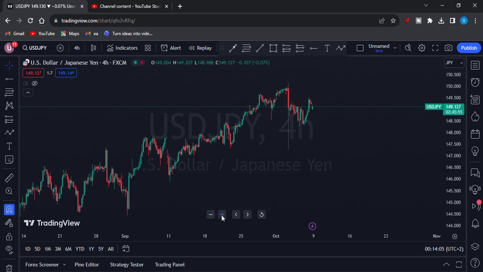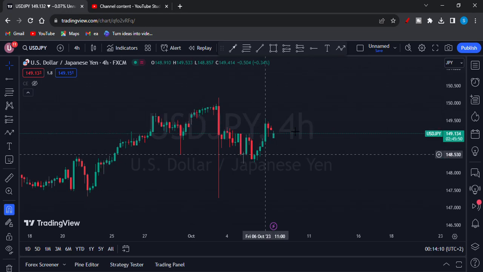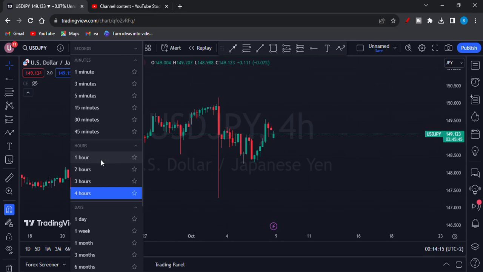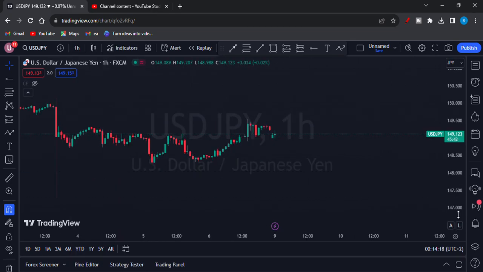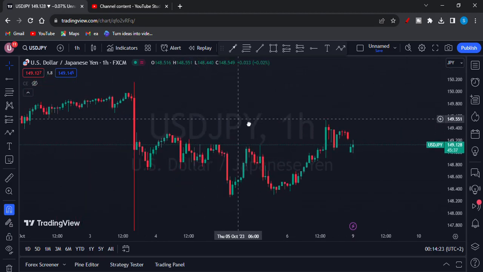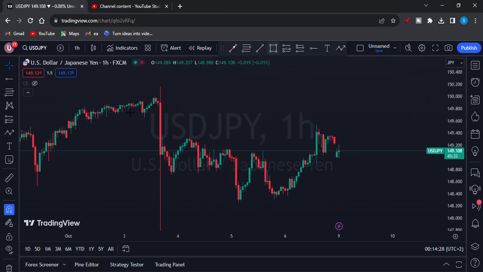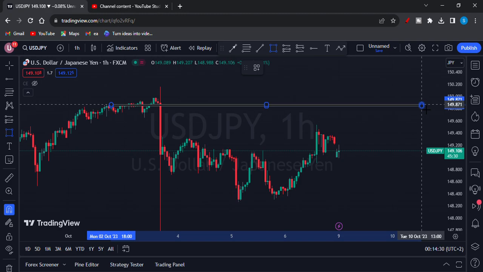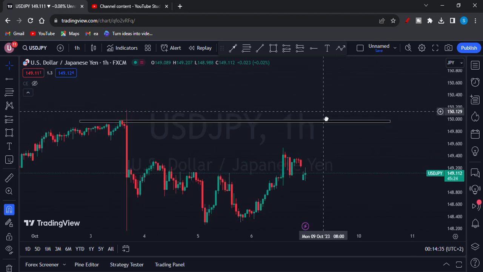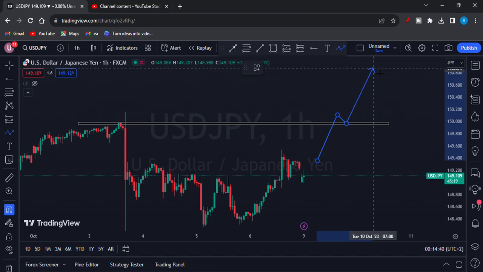On a technical side, right here, I don't see a clear market structure. So let's go to hourly. On an hourly, I do not see a clear market structure unless we break this zone right here, right there, maybe something like this, come, break, and then retest and then continue.